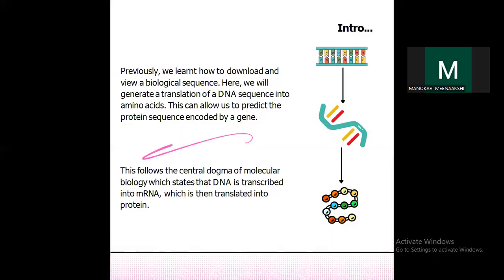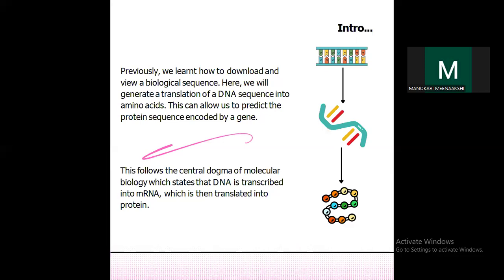As you can see, we have learned previously how to download a biological sequence from different databases like EMBL and NCBI. So here what we are going to learn is how to generate a translation process of a DNA sequence into amino acids.